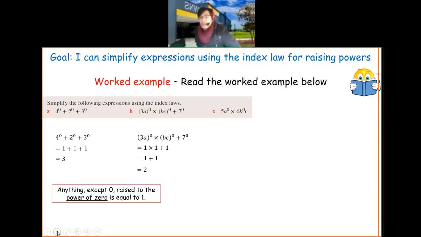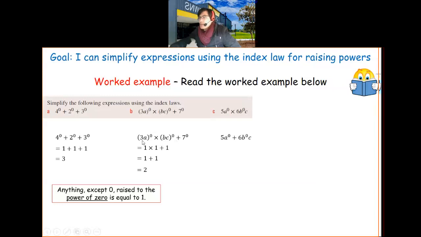And then for the third example here, we've got 5a to the power of 0 plus 6b to the power of 0 and then c. Okay, so now there's a difference between this last example and the second example.